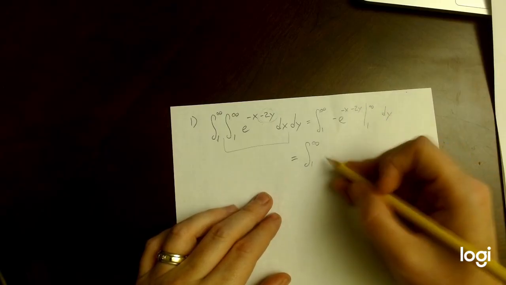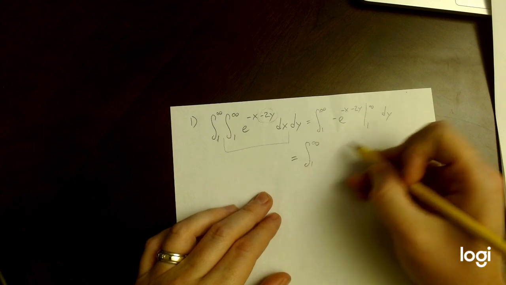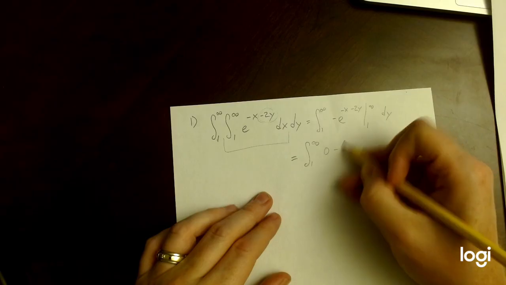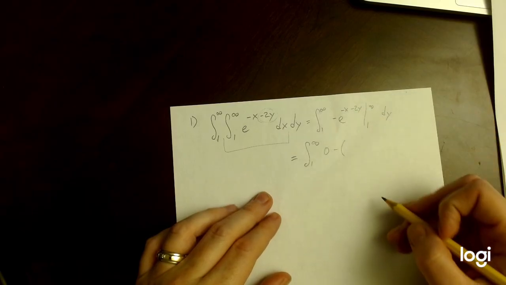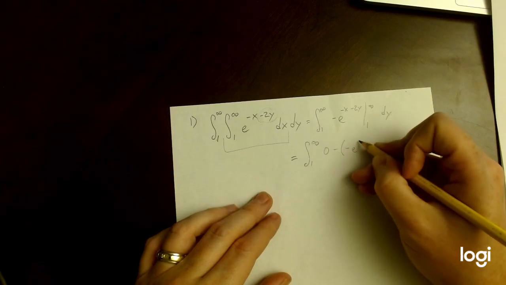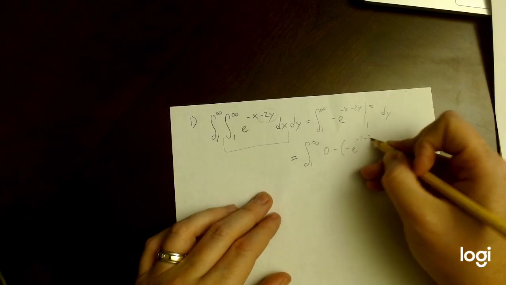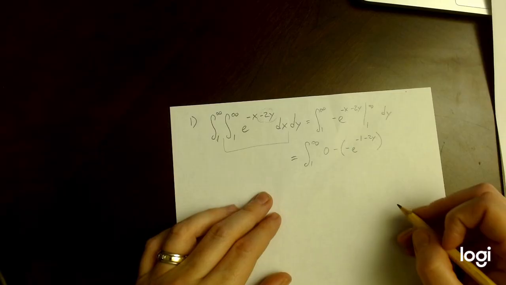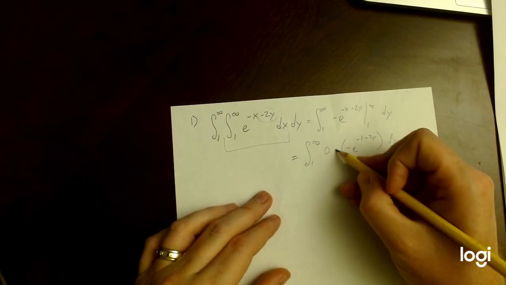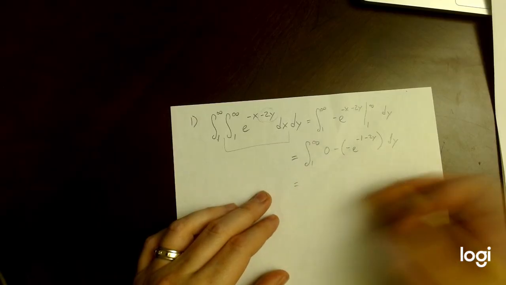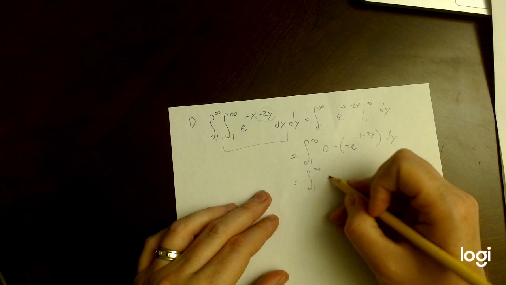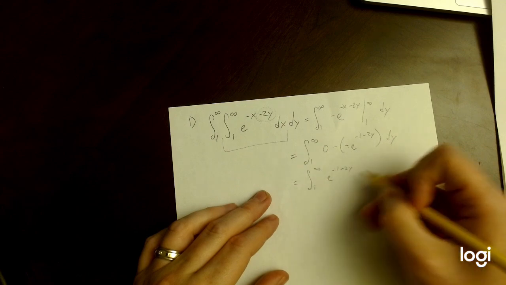So we get a 0 there, and then we get, so let me say 0 minus whatever the thing is when we're evaluating this at 1, and then we'd have a minus e to the minus 1 minus 2y as the other piece of this dy. And so this minus cancels that one, and so we will end up with a positive exponential in there. So we have 1 to infinity, e to the minus 1 minus 2y dy.